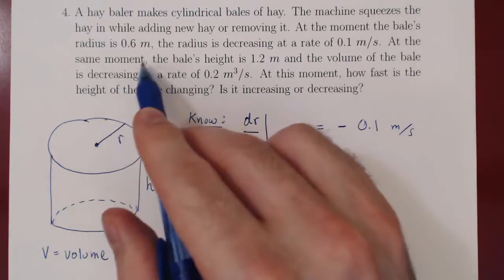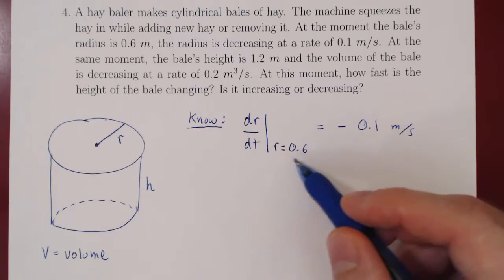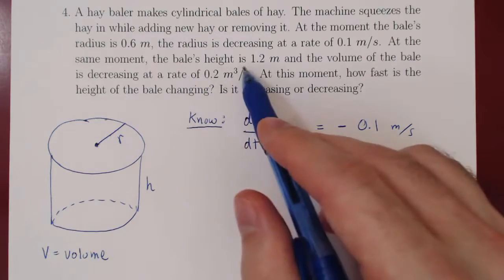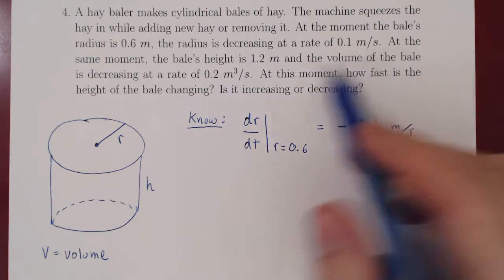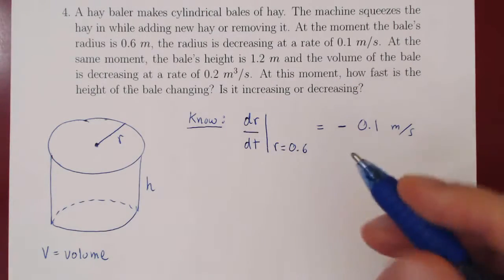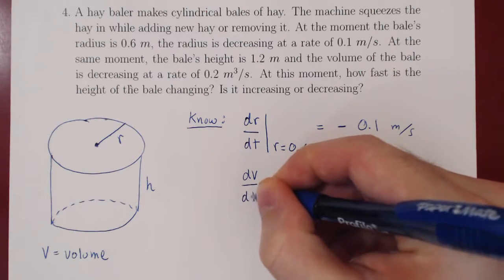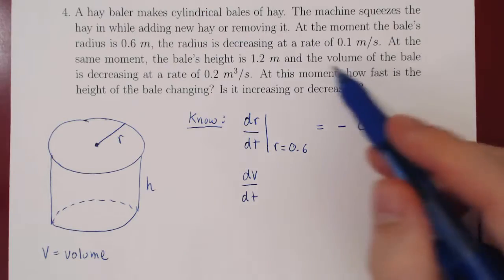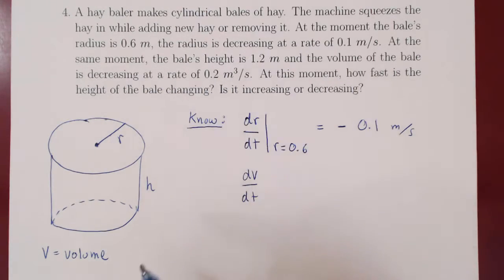At the same moment, so when r equals 0.6, the bale's height is 1.2 meters, and the volume of the bale is decreasing. That's the rate of change of the volume. The volume of the bale is decreasing at a rate of 0.2 meters cubed per second.